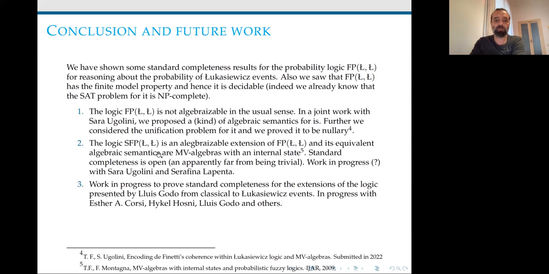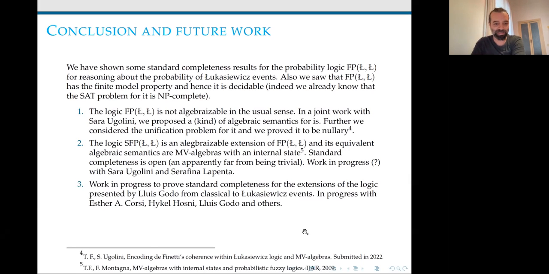However, with Sara, we proposed quite recently a class of MV algebras, a subclass of projective MV algebras, that are some of the algebraic models for this logic. So this logic, although usually interpreted in terms of Kripke-like models or states or whatever, can in fact be interpreted just in algebraic terms, not in the sense of algebraizable logic, of course, but there is a way to interpret them in algebras, and you have completeness with respect to them.